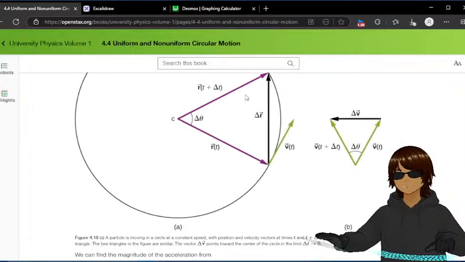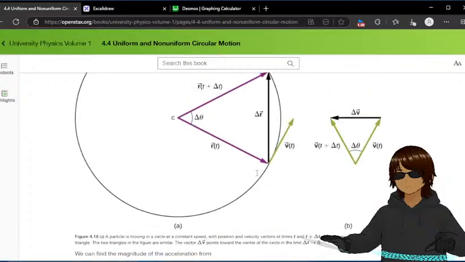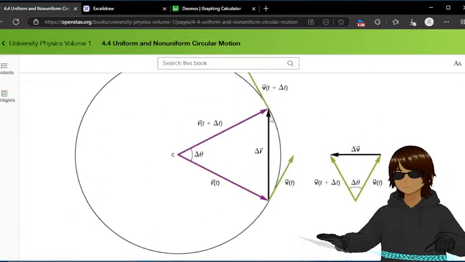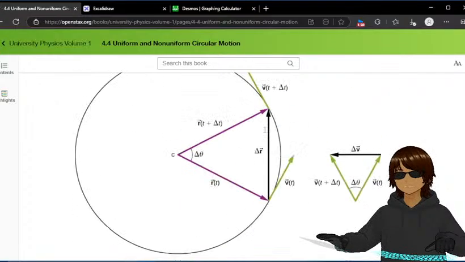So limit delta t all the way to 0. We get v over r, limit delta r over delta t. How did they get this?